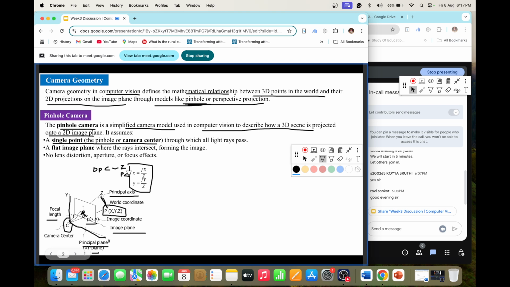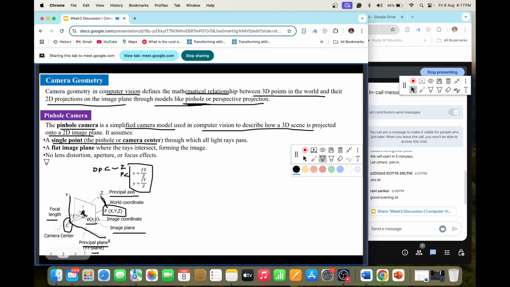Whenever things are similar, we can say f by Z will be equal to x by capital X as well as y by capital Y. So by that we get this formula: x equals f capital X by Z, y equals f capital Y by Z. That is the similarity of triangles. This small triangle and this big triangle are similar.